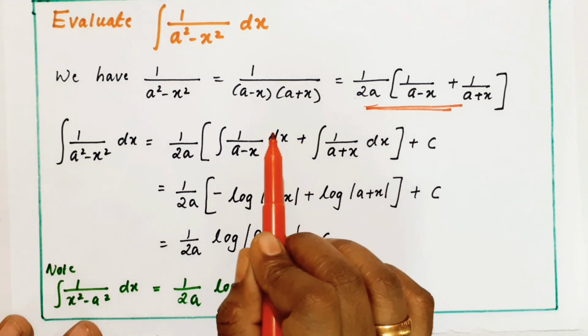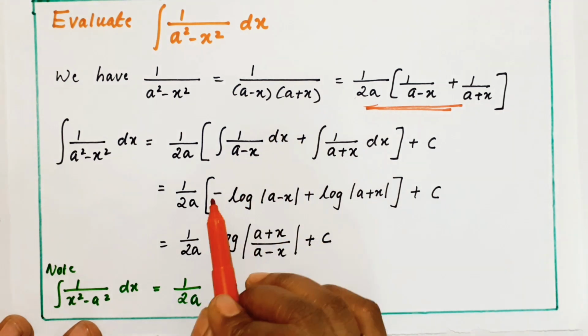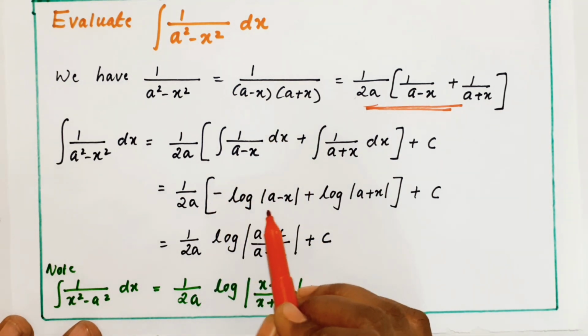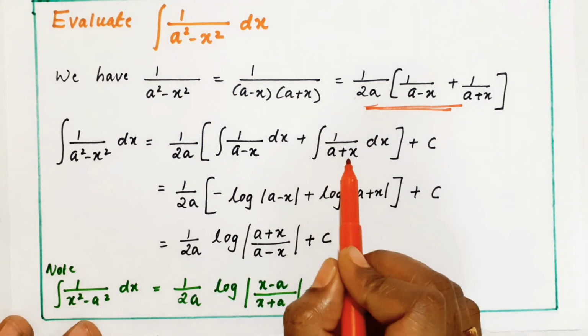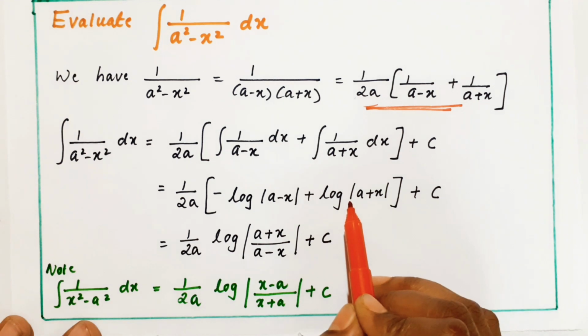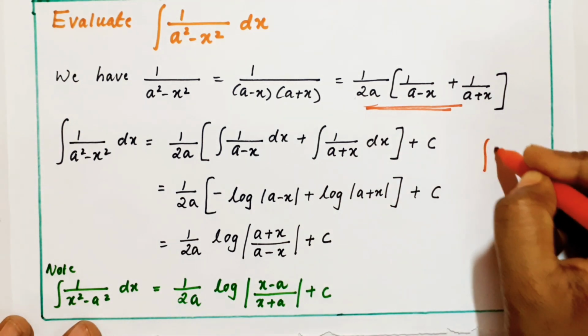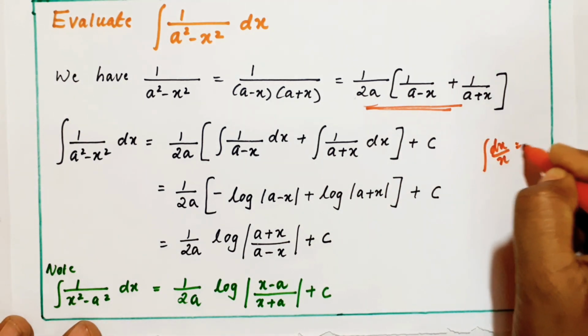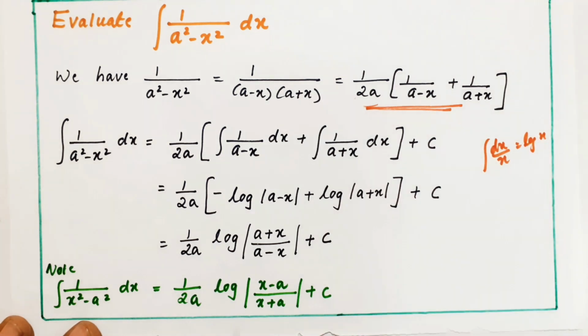It is in the form of log x, but here with a minus. So minus log of mod (a − x), because the differential of the denominator is dx in the numerator. We know the formula dx by x gives log x, so we write log (a + x) + c for the other term. But here one minus is there, so that's what gives the minus.